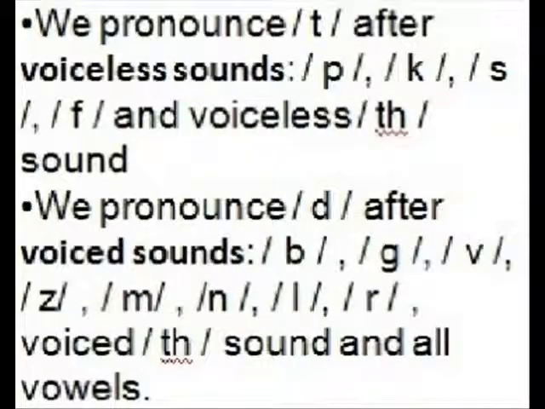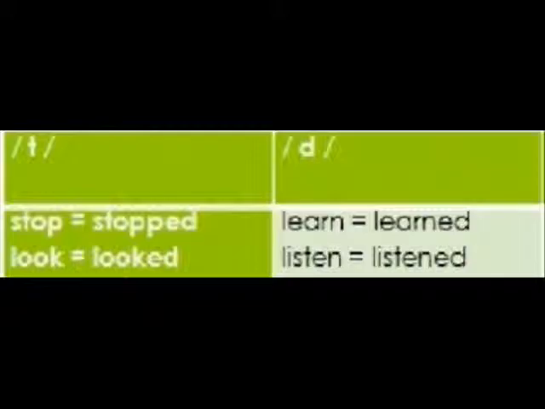We pronounce t after the voiceless sounds p, k, s, f, and the voiceless f, and we pronounce d after the voiced sounds b, g, v, z, m, n, l, r, and the voiced z. So, t would be stopped and looked, and d would be learned and listened.